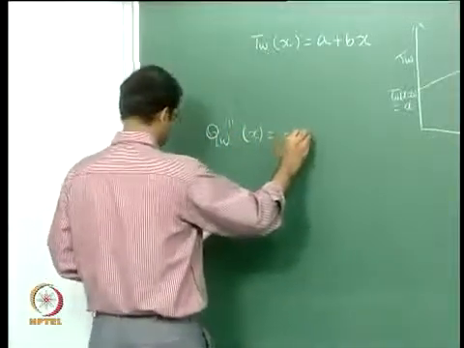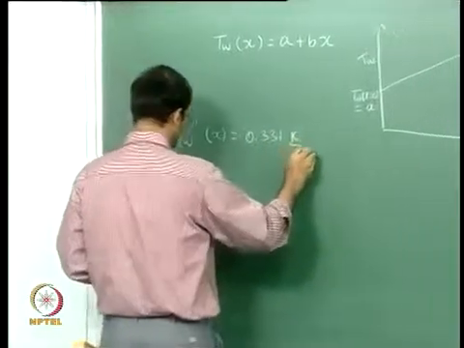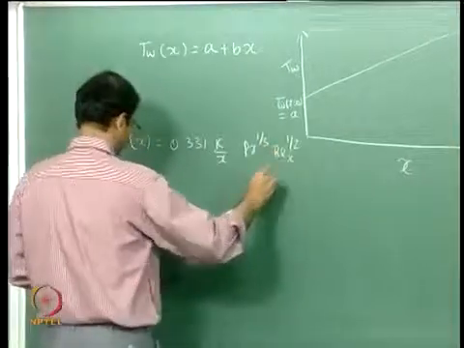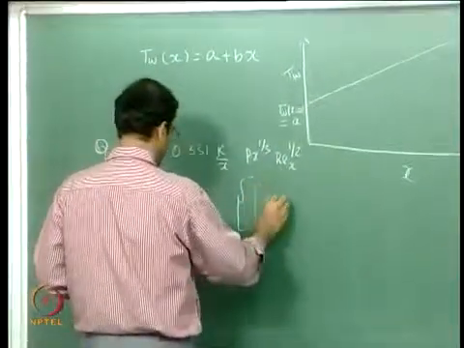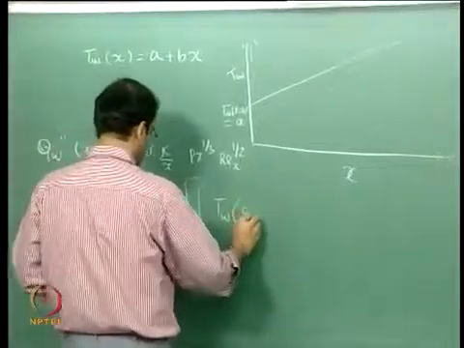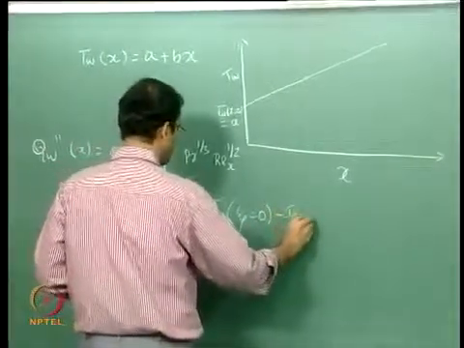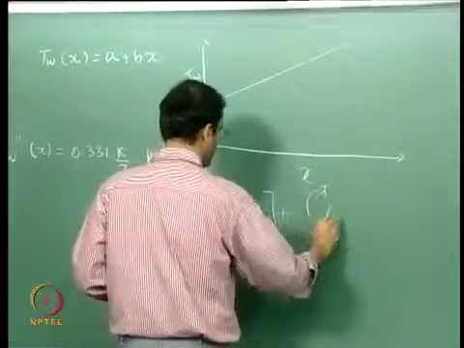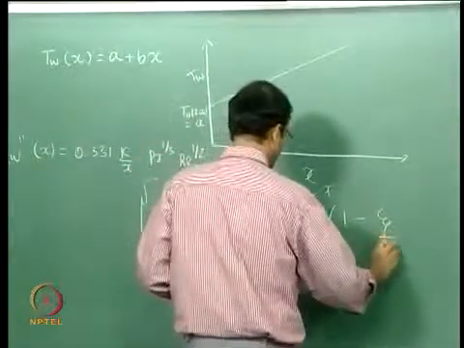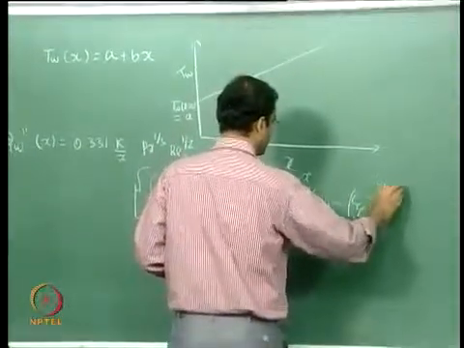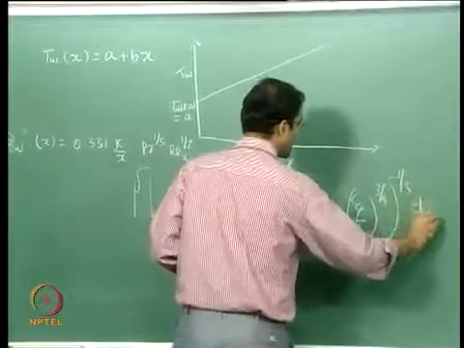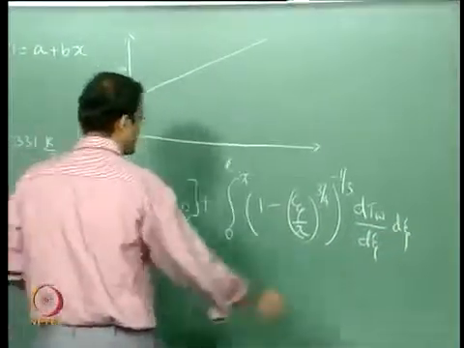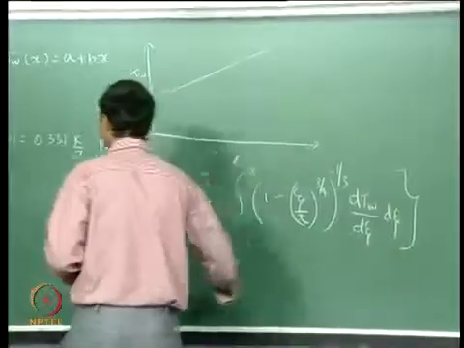This was 0.331 into k by x, Pr to the power 1 by 3, and you have T wall at zeta equal to 0 minus T infinity plus integral 0 to x of 1 minus zeta by x the whole power 3 by 4, the whole power minus 1 by 3, dT wall by d zeta into d zeta. Okay. So this is our expression.